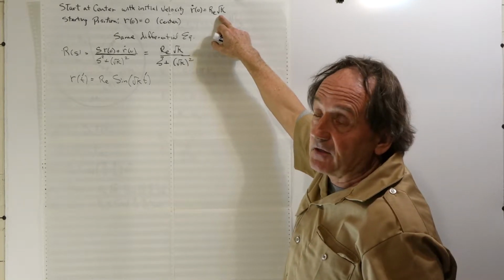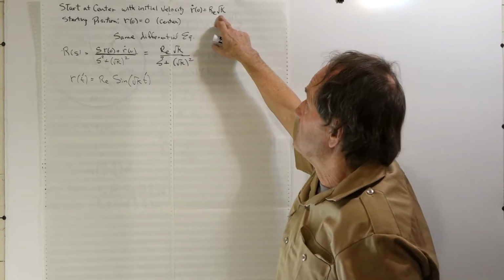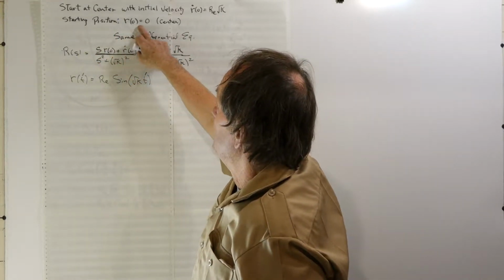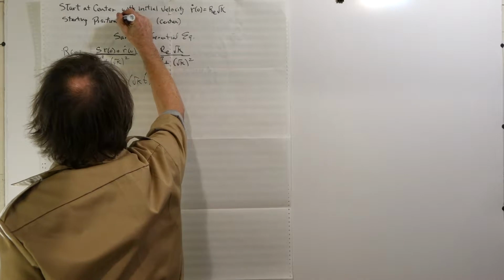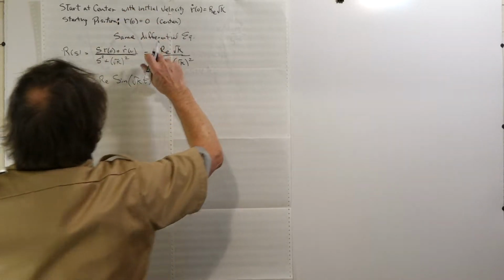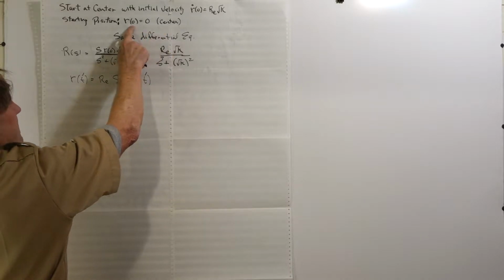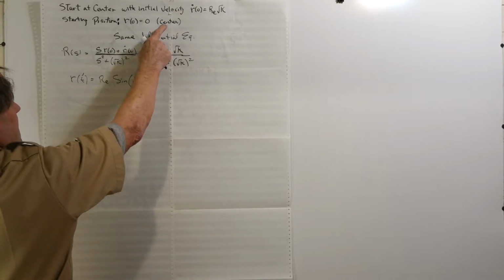That is the velocity that we attained as soon as we pass the center. And our starting position now is at the center. So we're starting our time at the center. So time 0 is starting at the center.